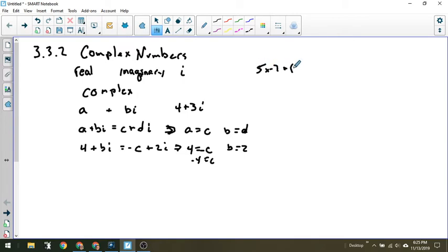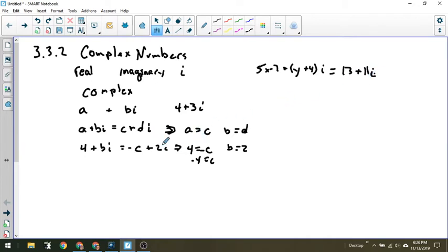The 5x minus 7 is the real part, and y plus 4 is the coefficient of the imaginary part. We multiply the real number y plus 4 times i to get the imaginary part. Both of these are complex numbers. On the right, 13 is the real part, 11i is the imaginary part.